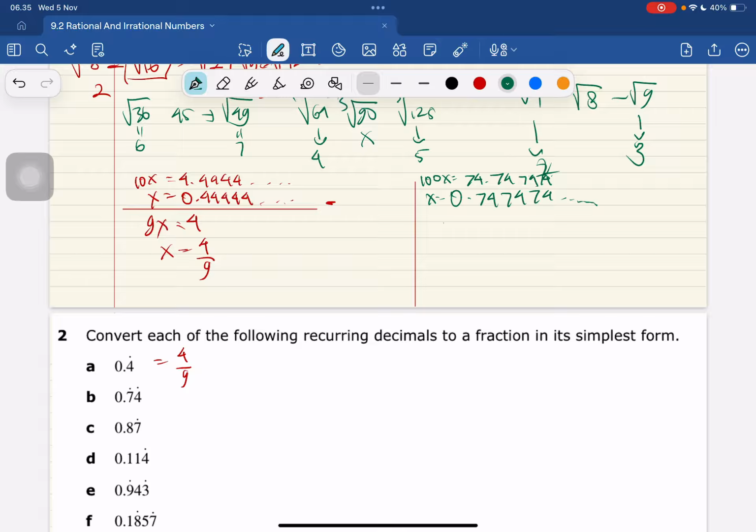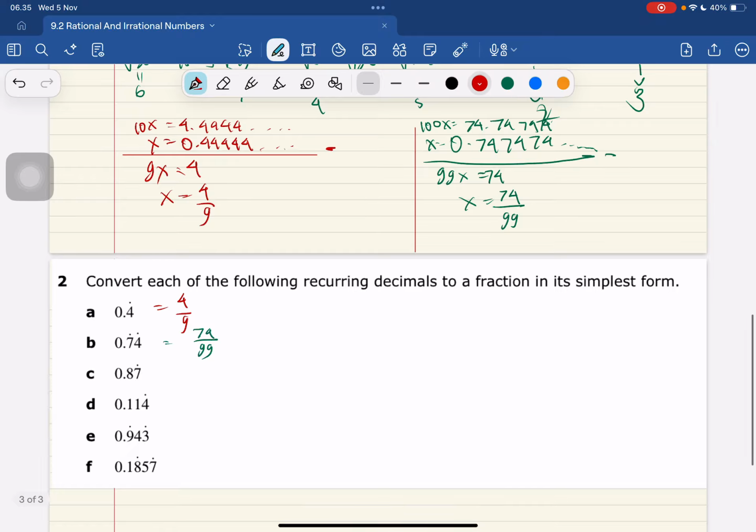And we can subtract it. It's going to be 99x equals 74. So x will be 74 divided by 99. This is the simplest form, so this is 74 over 99.